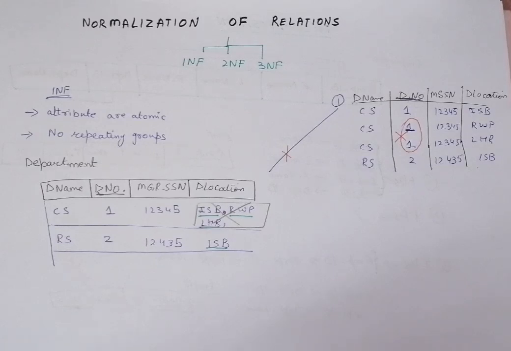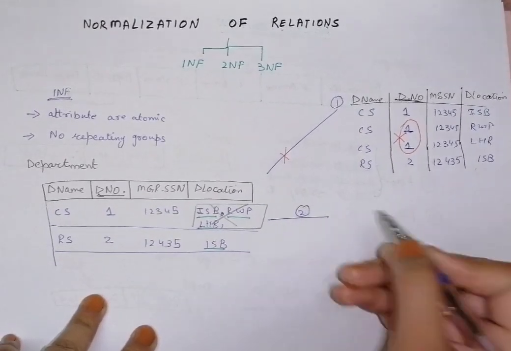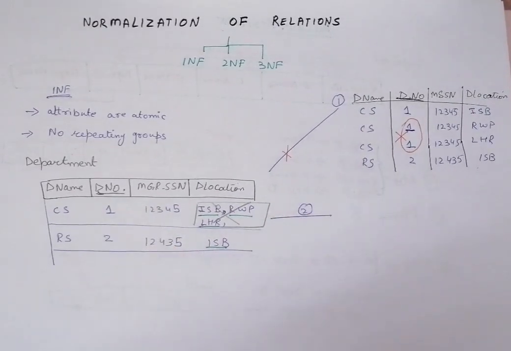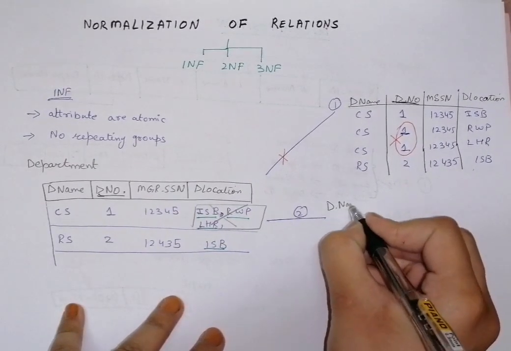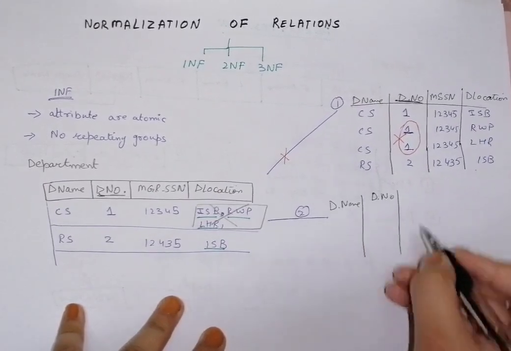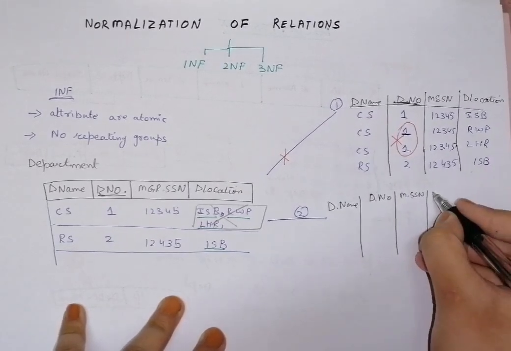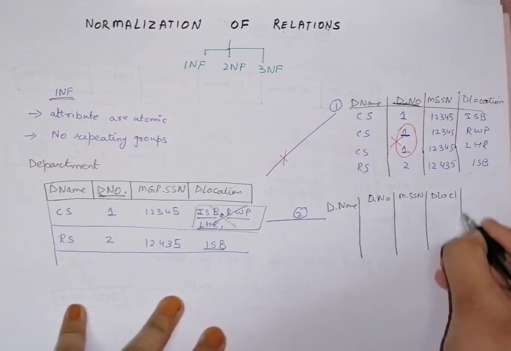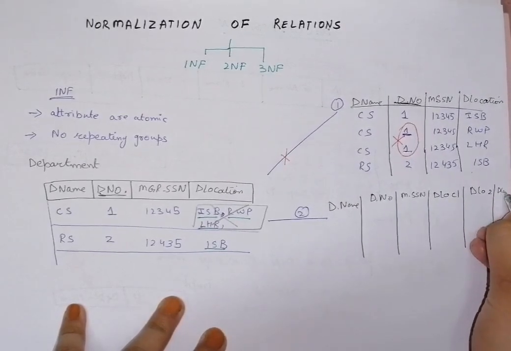The second strategy that I may come up with is to modify the schema a little bit: department name, department number, manager SSN, and I'll modify department location into department location 1, department location 2, and department location 3.